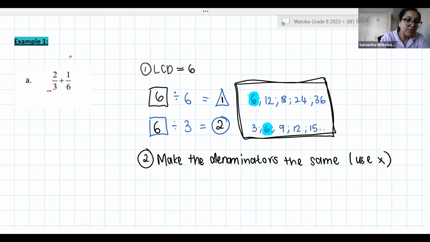So if I start with my denominator of 3, what should I multiply 3 by in order to make it 6? Well, I know if I say 2 times 3, I get 6. Good. And so what I do to the bottom, I must do to the top. It's a fraction. I need to keep it meaning the same thing. My second fraction is already a denominator of 6, so I don't need to fiddle with it. I leave it exactly as it is.